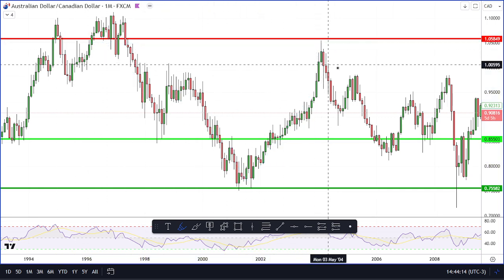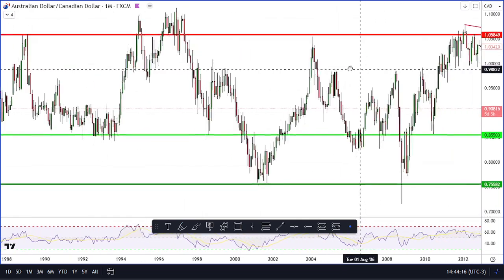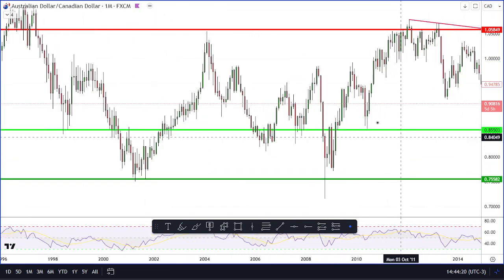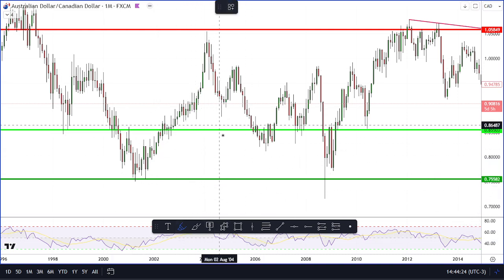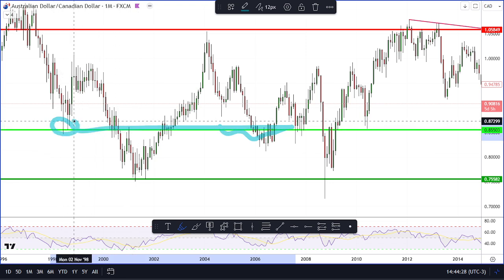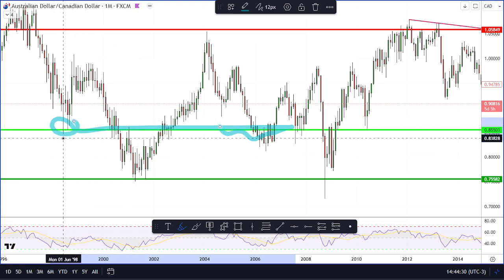Now, after that, the market fell all the way back down, and did not just break this level of support here again. This level of support that the market established here in 1998.